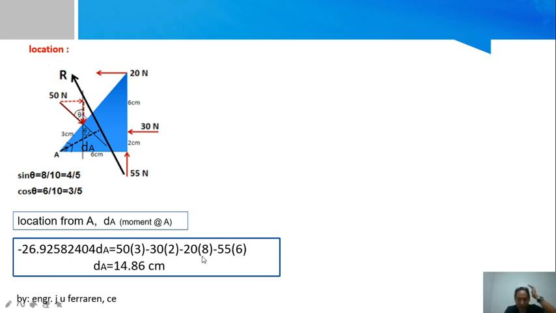So, 20 times it. Negative because it's counterclockwise. 55, this one. You pose the body up, so the body will rotate also counterclockwise. 55 with a distance 6. So, you have 14.86 centimeters, the perpendicular distance to A. That is the location of your R from A.